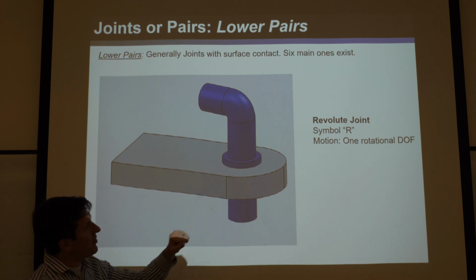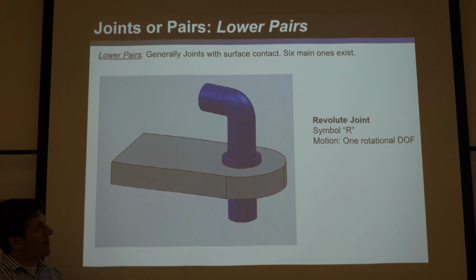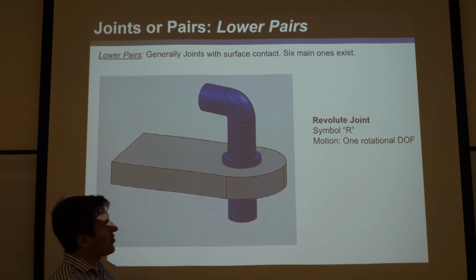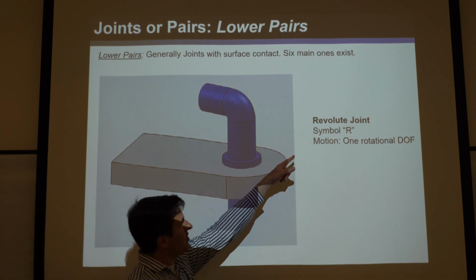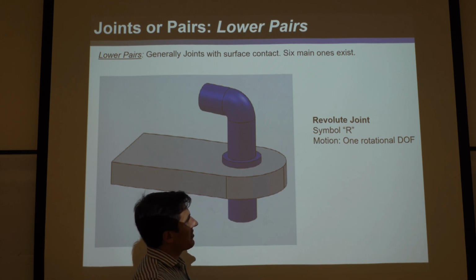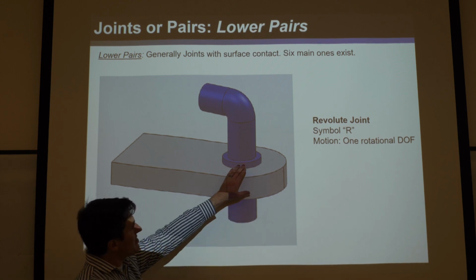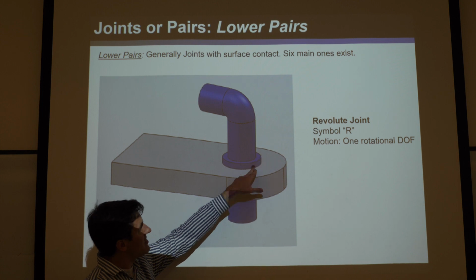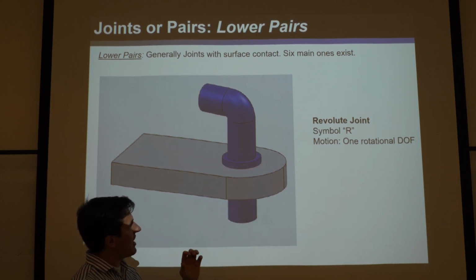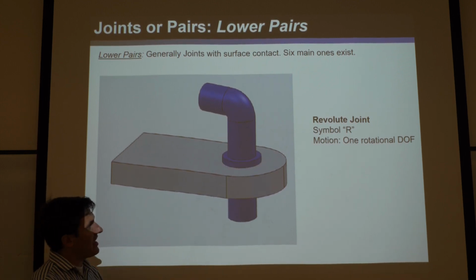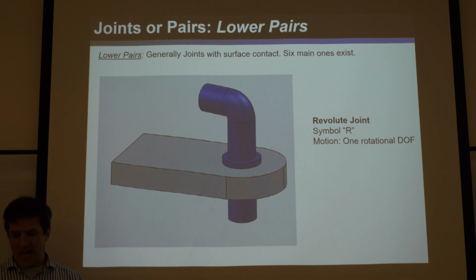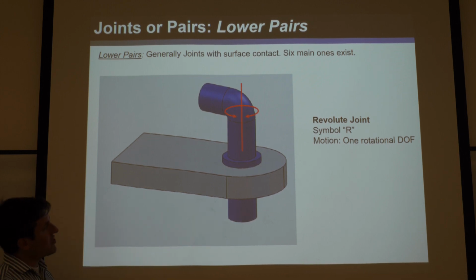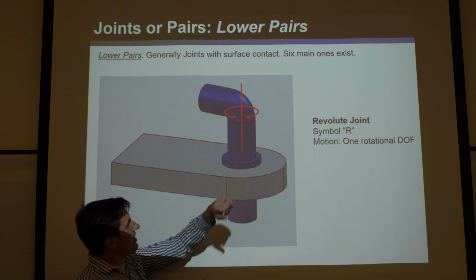So this is an example, we've looked at this before, a revolute joint, or pin joint, or rotational joint, where R stands for revolute. Its symbol can be called R. You can see here it's basically a cylinder inside a cylinder, and then there are lips, one on the top and one on the bottom that you can't see, and it basically only allows a rotational degree of freedom between this link and the blue link there.